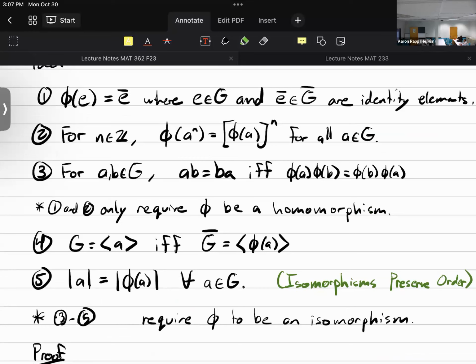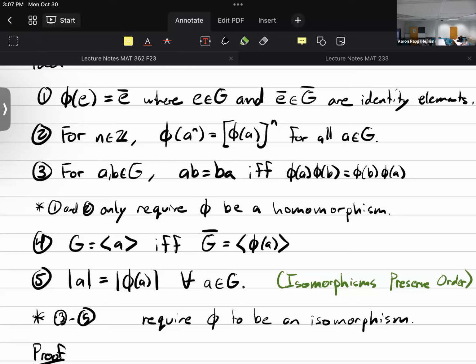Second one is that if I raise a to some power, operate a with itself some number of times for any integer, including operating the inverse of a with itself 10 times, it's the same thing as if I just mapped a through and then did that multiplication 10 times in the second group.